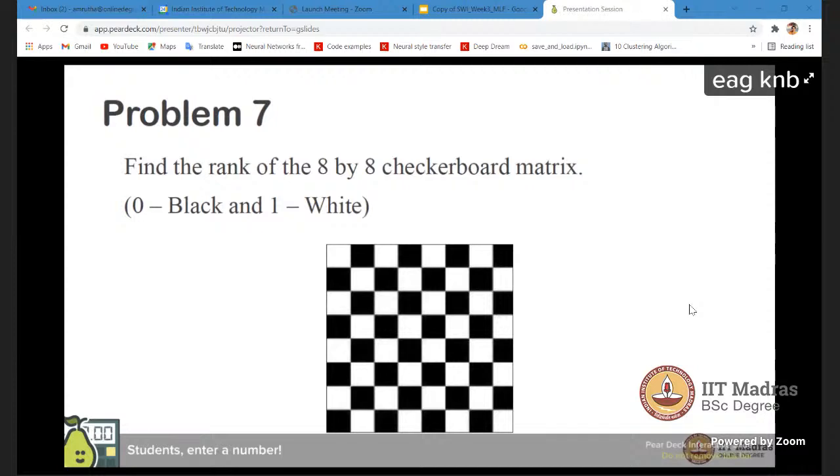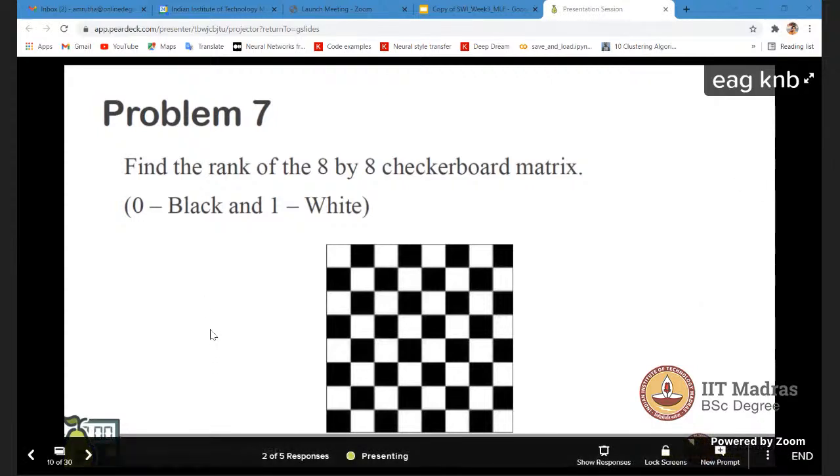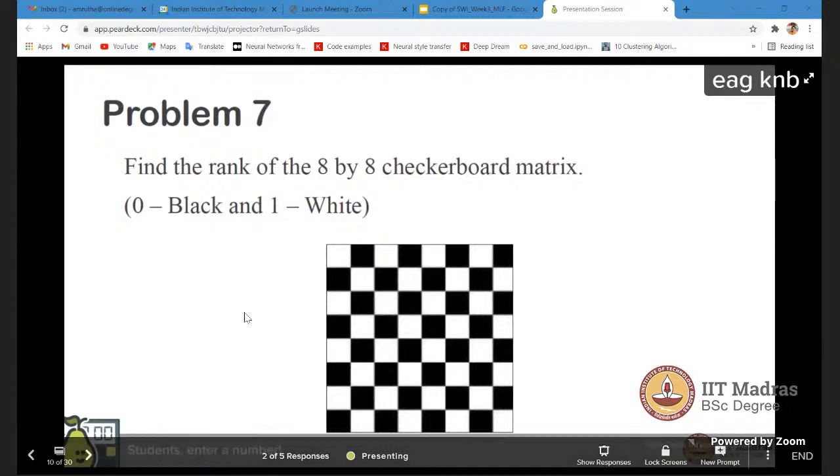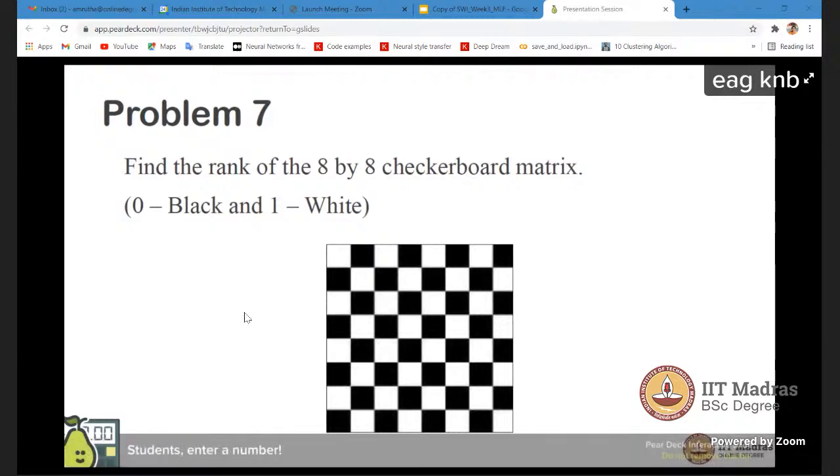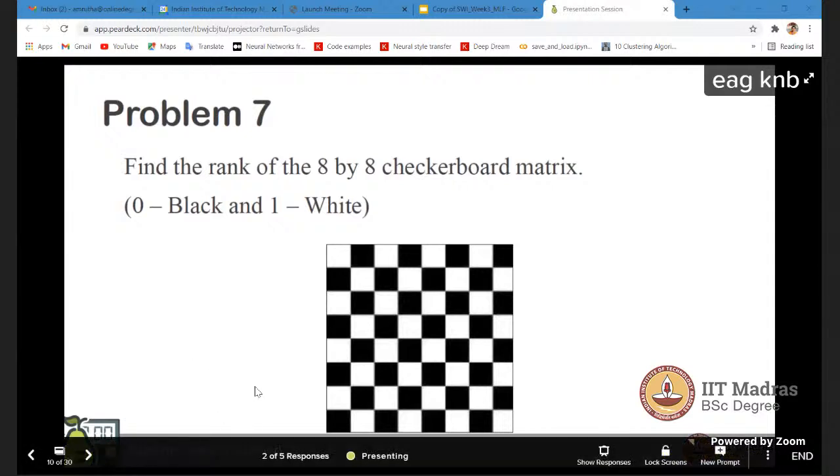You can take 2 more minutes to solve this. So far you have got 2 responses. Okay, wait for 2 more minutes.